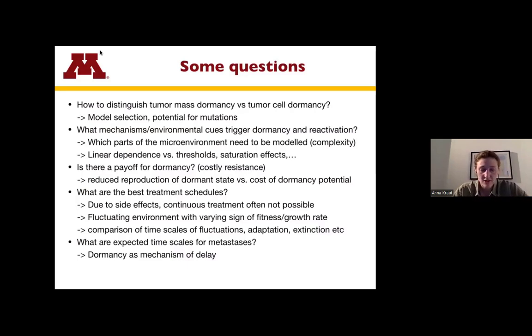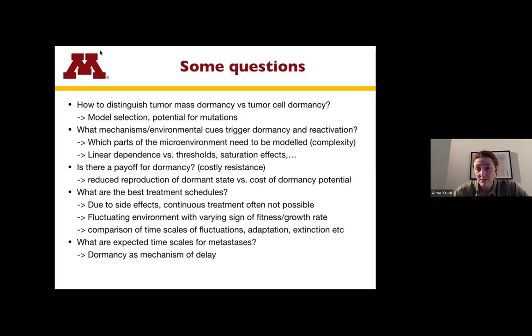And then it becomes a question of comparing timescales in mathematical models where we don't just have the timescale of order 1 of the Lotka-Volterra dynamics, or this log timescale of growth, but we get an additional timescale in which these fluctuations happen.